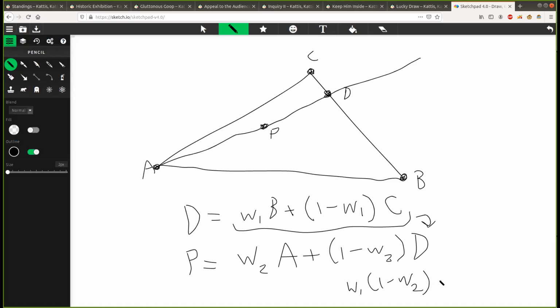And the weight of C is 1 minus W1 times 1 minus W2.